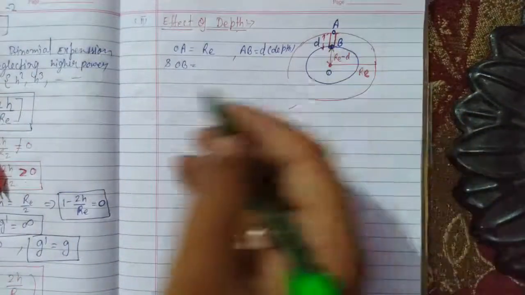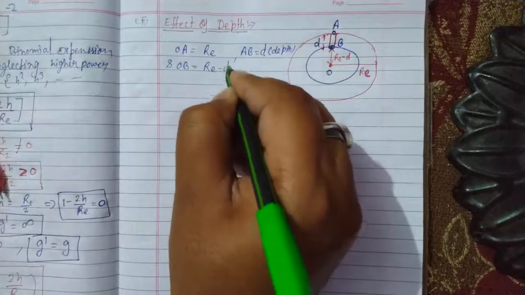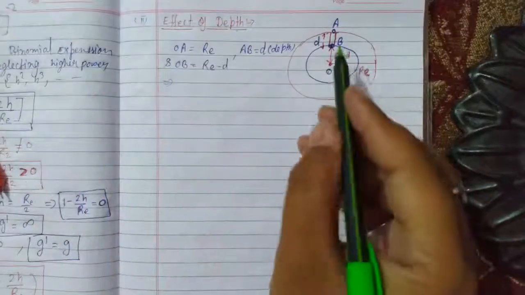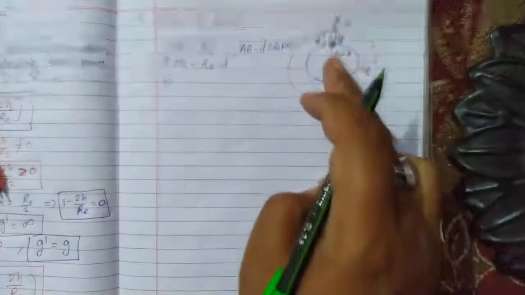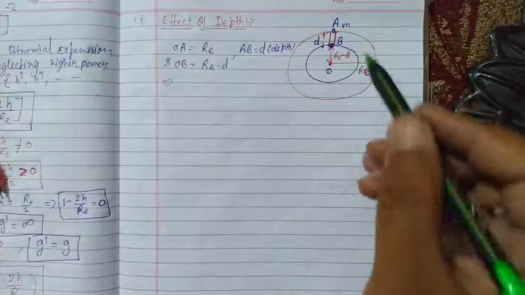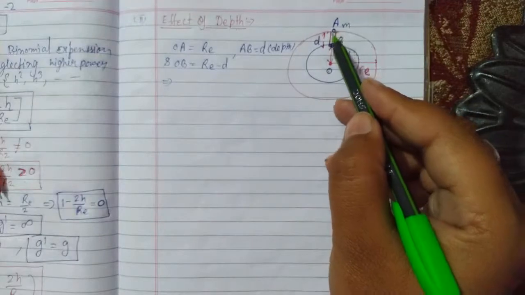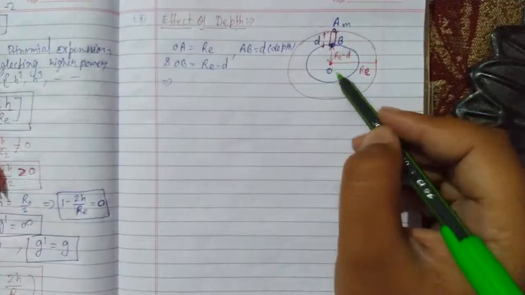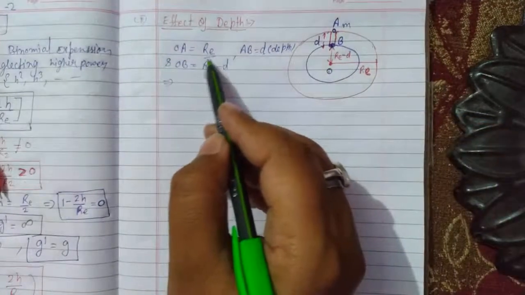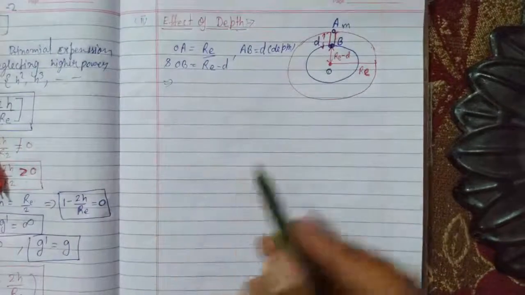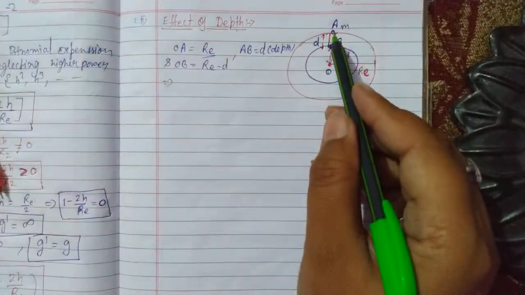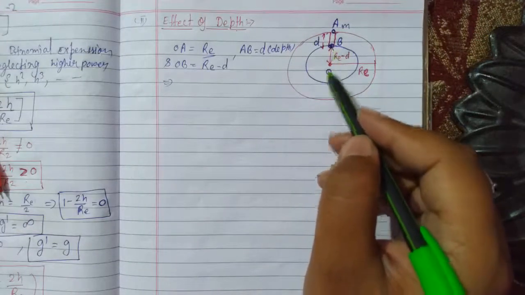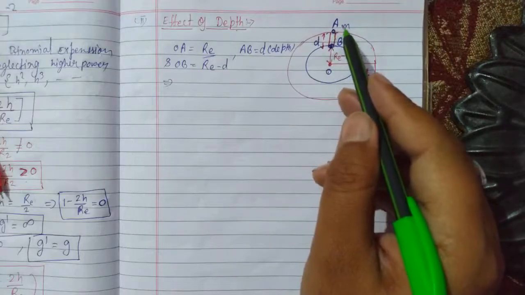Therefore the distance OB is Re - d. Now students, consider an object of mass small m placed initially on the surface at point A with the distance from the center of the earth Re, OA equal to Re.